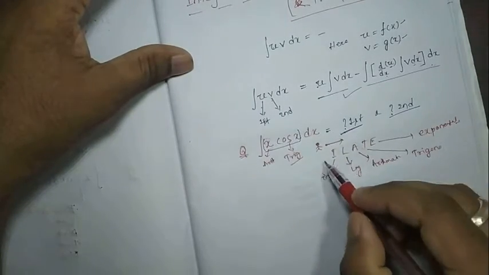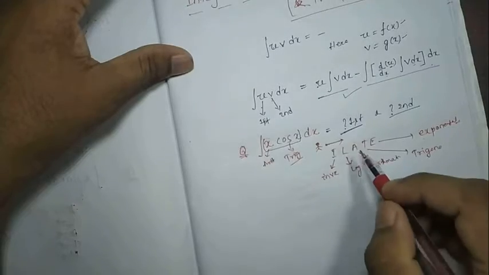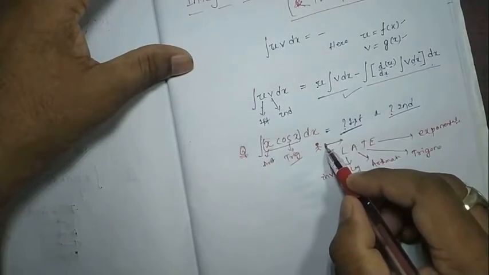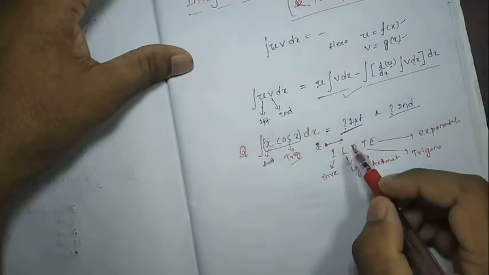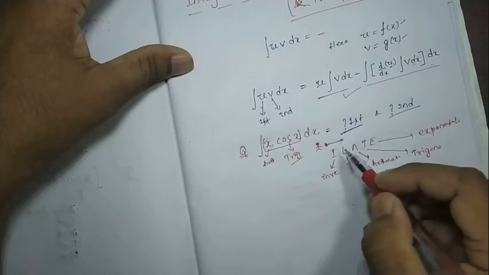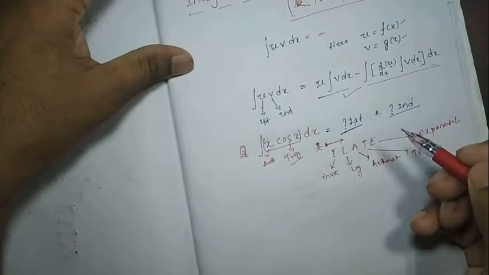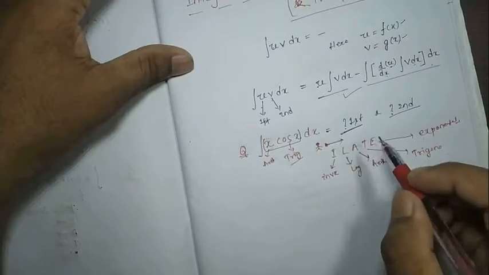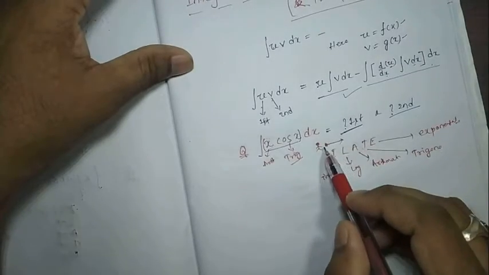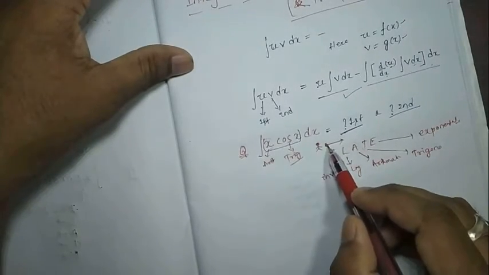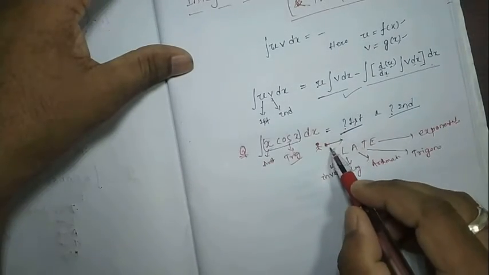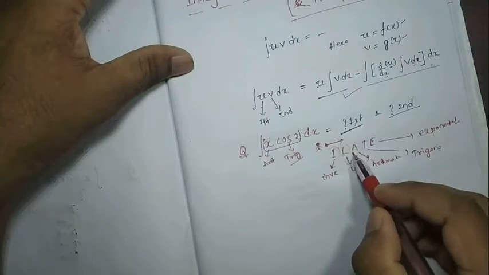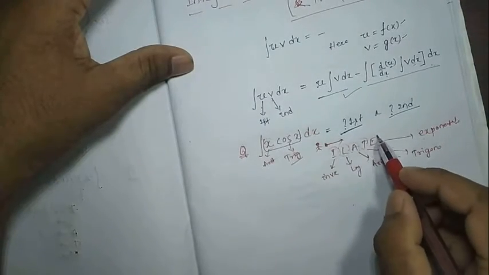So by considering this trick, the person who is moving from left to right, the first one encountered will be taken as the first function. Suppose that person is moving from here to here, that person encounters I first, then L, then A, then T, then E.